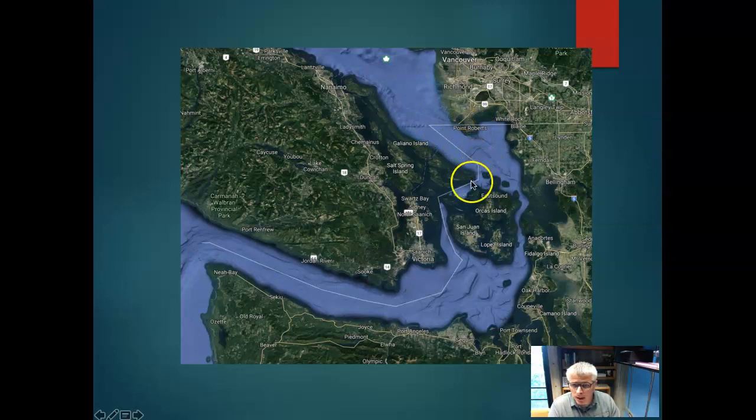And so thinking about how this line zigzags is interesting, and really to think about what it means for the people that particularly are now bisected by this border. People that before this imaginary line was drawn could move freely back and forth.